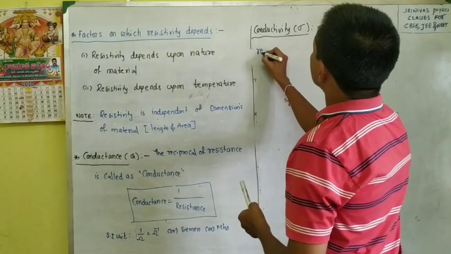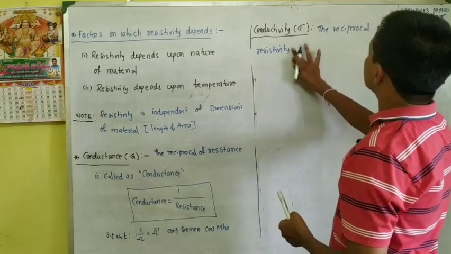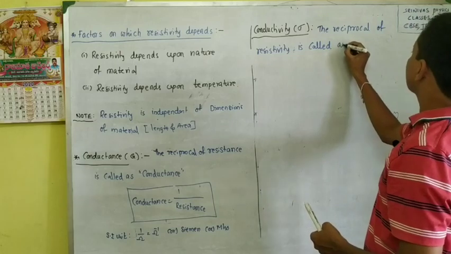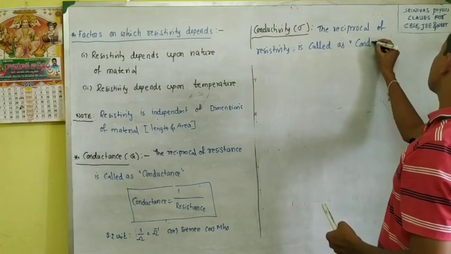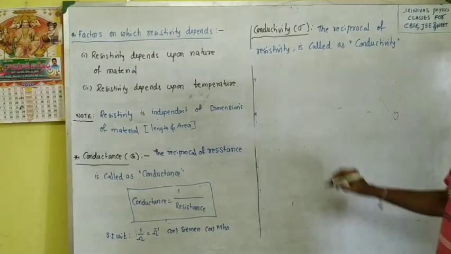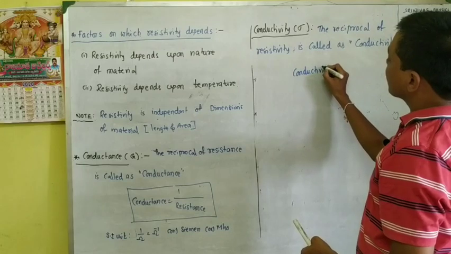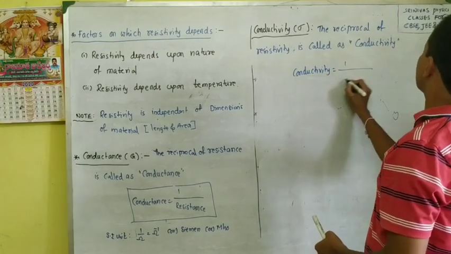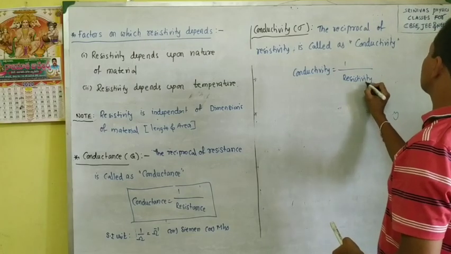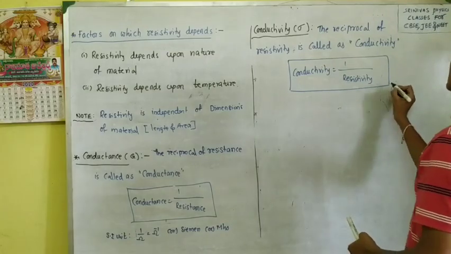The reciprocal of resistivity is called conductivity. Conductivity is equal to 1 by resistivity. Reciprocal means 1 by. 1 by resistivity is called conductivity.